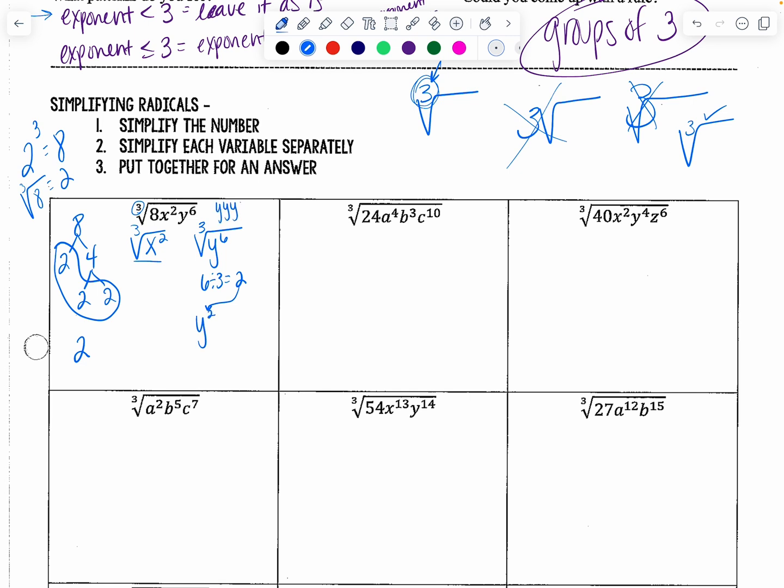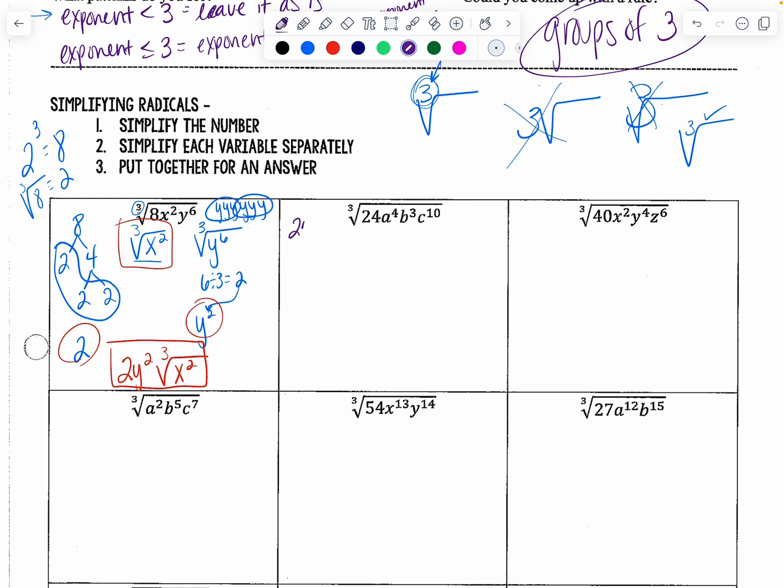The other way is to think I have 6 y's and I have to have groups of 3, and I group them off and I have 2 of them. Whichever way makes more sense to you. Then we write our answer: 2y squared cube root of x squared. All I did was put all of these pieces together into that final answer.